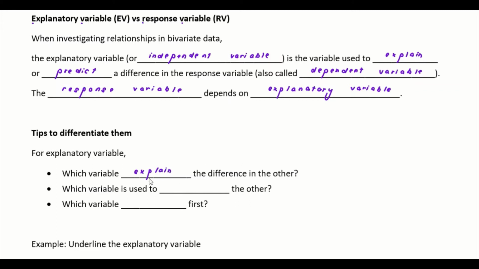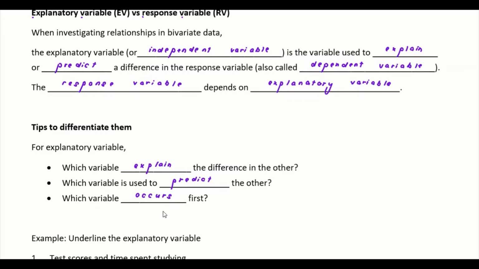The variable that explains the difference in another is the explanatory variable. The explanatory variable is the one that we use to predict the other. And the last one, which is very important: which variable occurs first? This idea is very important. Later, I'll give you an example on that.